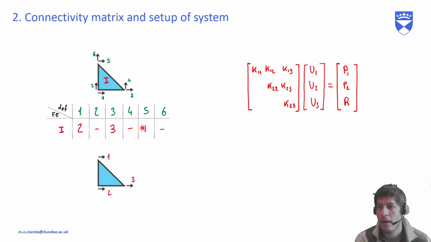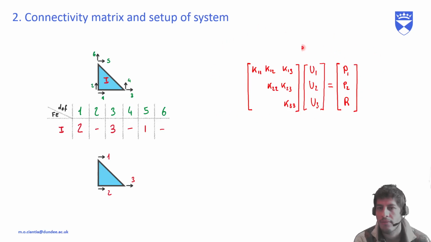So we write 1 under number 5. Let's go to 2. Where do we write 2? Well, 2 is this displacement in correspondence of this node. So it will be written under number 1. And finally, 3 will be under 3 in this case.